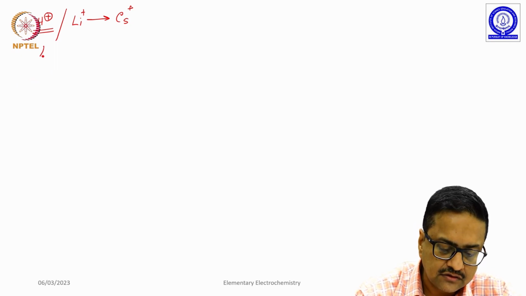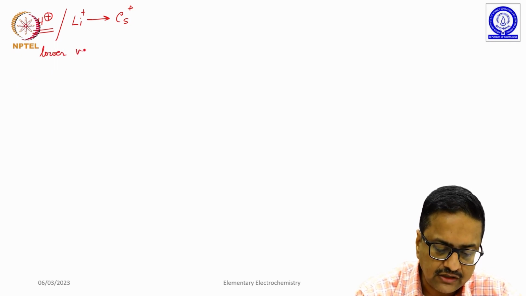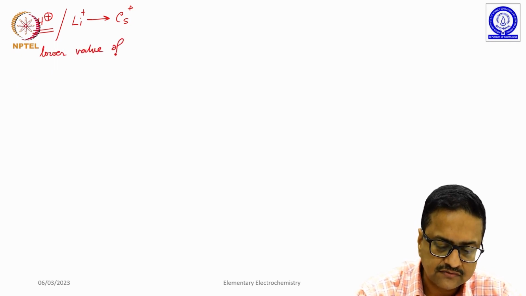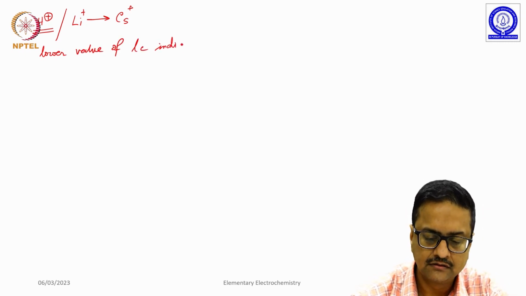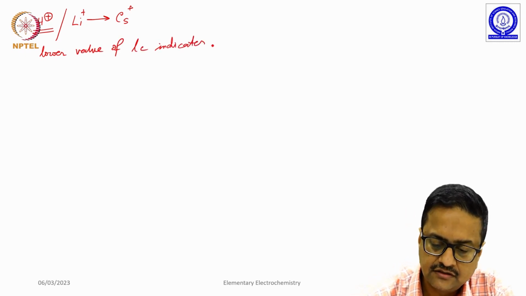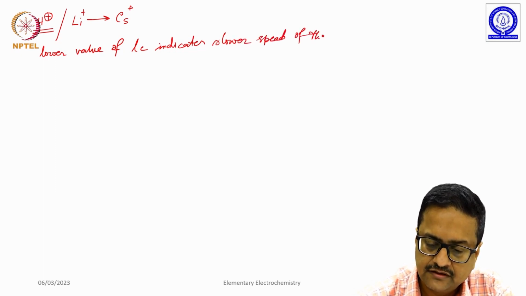Now, this lower value of Lc indicates slower speed of the ions.